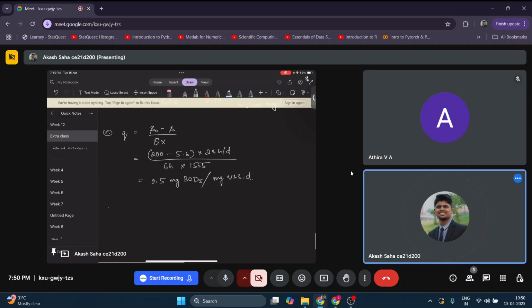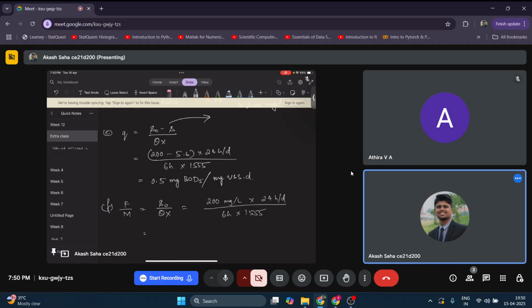And in the end, we have to calculate the F by M ratio. F by M ratio is nothing but S naught by theta X. The only difference here is that the effluent concentration is not subtracted, and apart from that other things are the same, so it is a very minute difference.